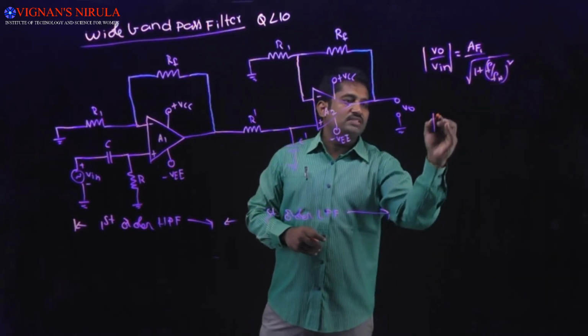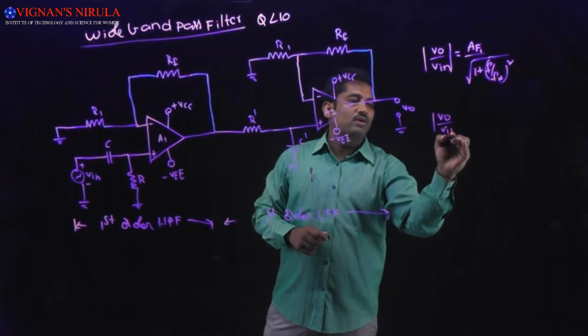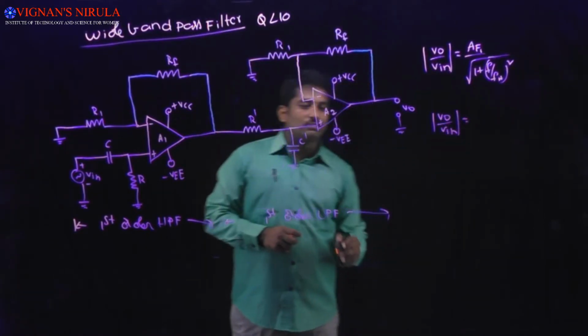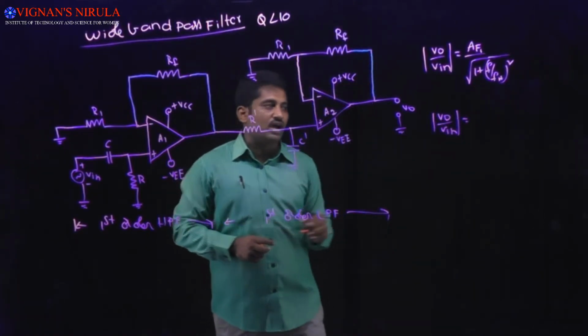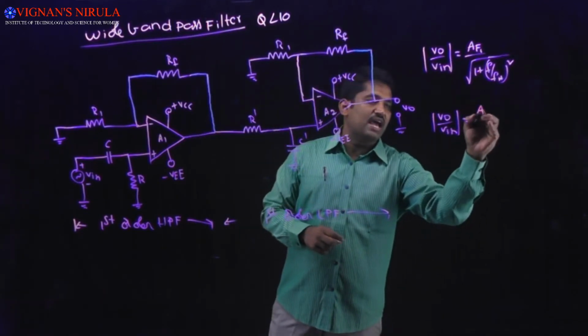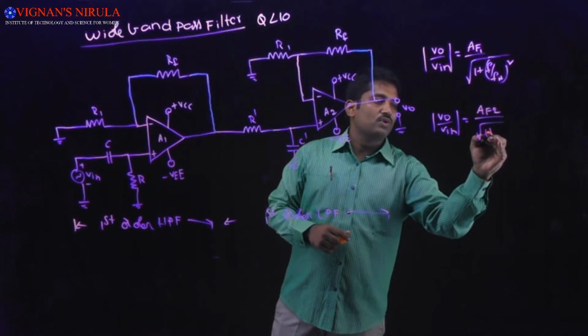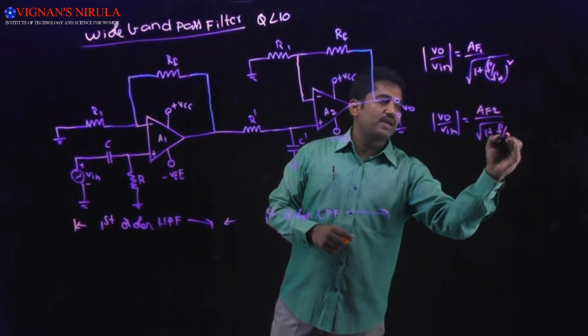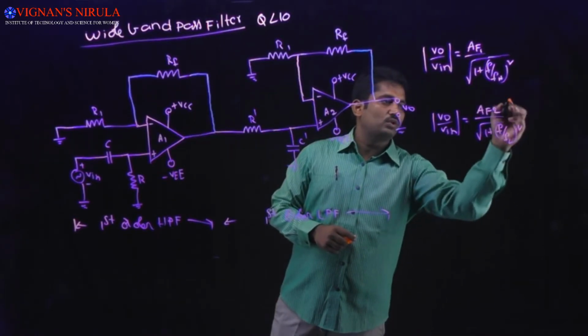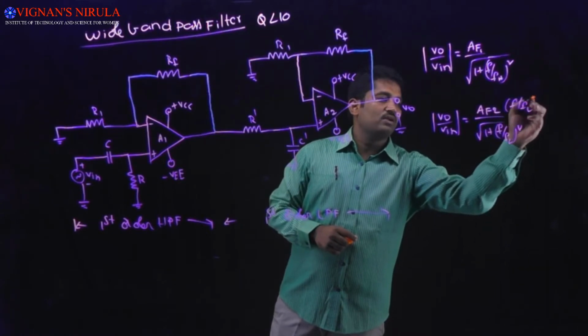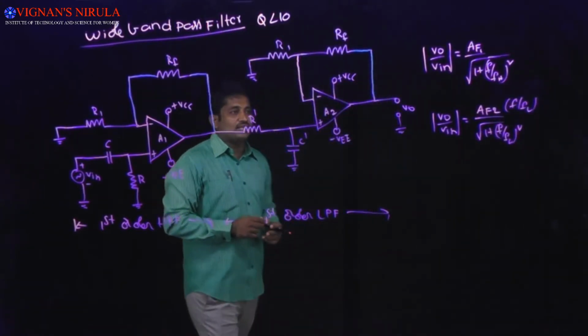Similarly, modulus of V0 by Vin for the high pass filter, which is nothing but the gain magnitude of the high pass filter, is represented as AF2 divided by square root of 1 plus (F by FL) square, into F by FL, which is nothing but the magnitude.